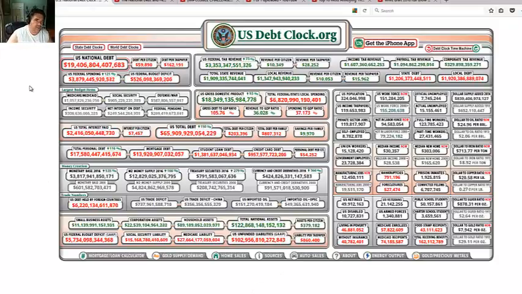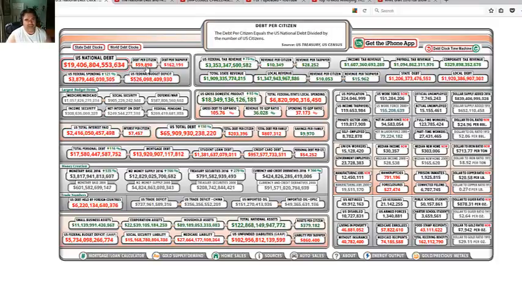Still here, huh? Well, you'll be sorry. This is your national debt, $19.4 trillion. That means every single American owes $59,890. And for actual taxpayers, the ones who actually pay into the system, it is $162,000 per person.